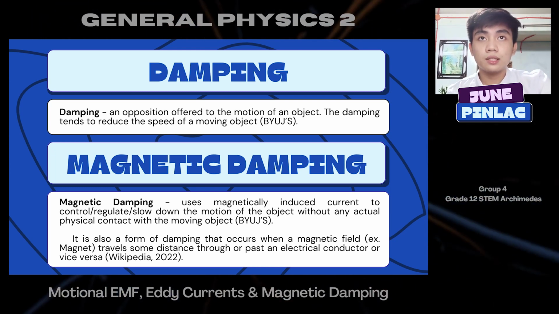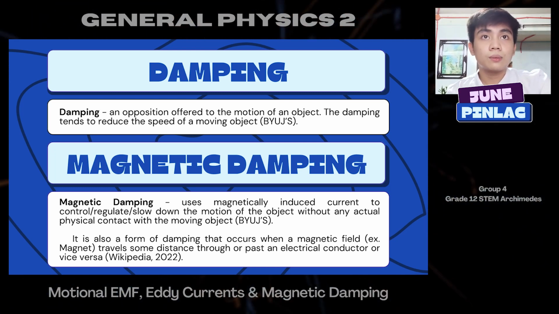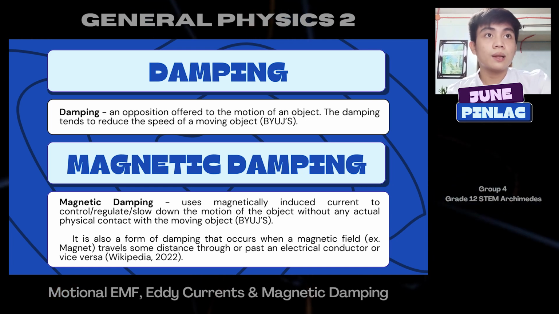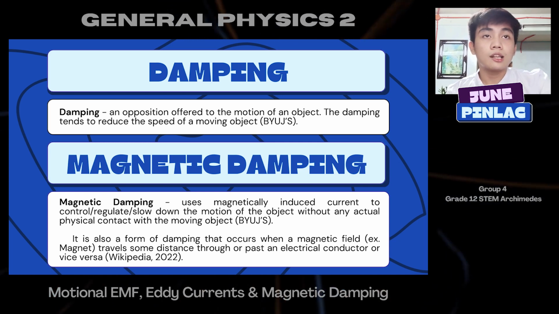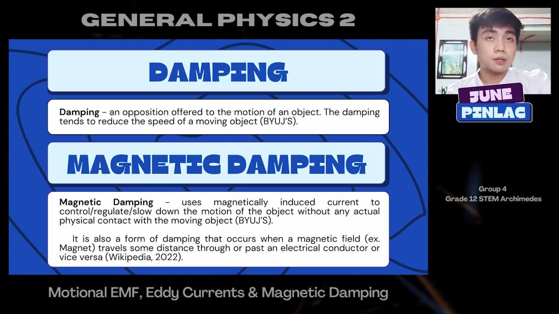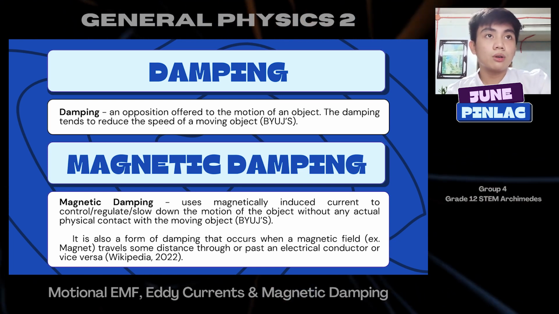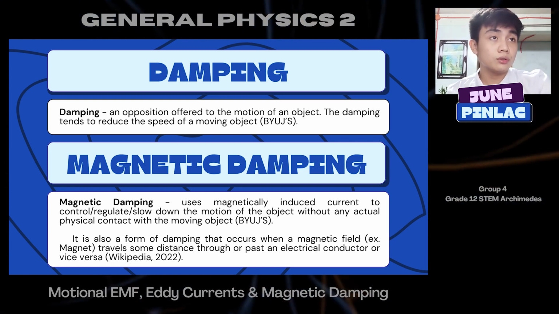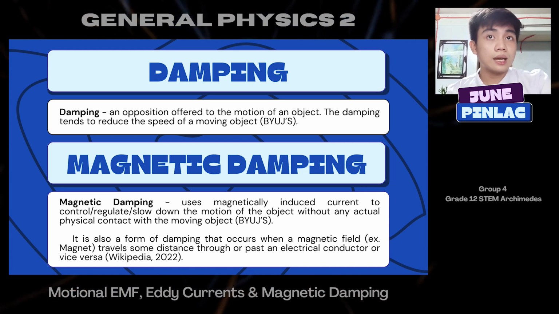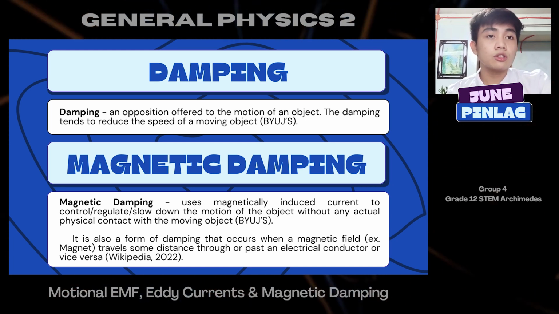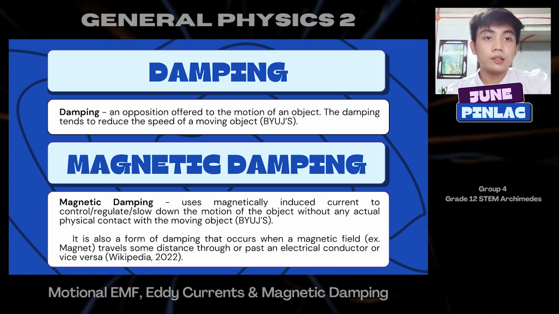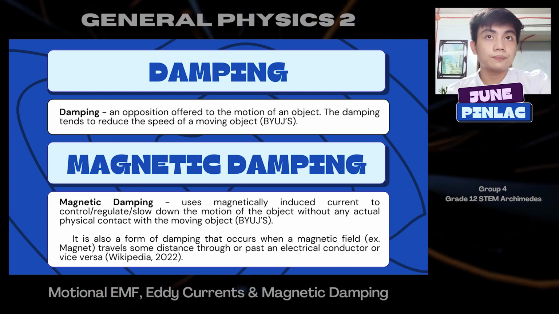While Wikipedia says that it is also a form of damping that occurs when a magnetic field, example magnet, travels some distance through or past an electrical conductor or vice versa. Ito yung method ng removing of energy para makontrol yung vibration, motion tulad na lamang ng ingay or ugong, mechanical oscillation, and alternating electric current.